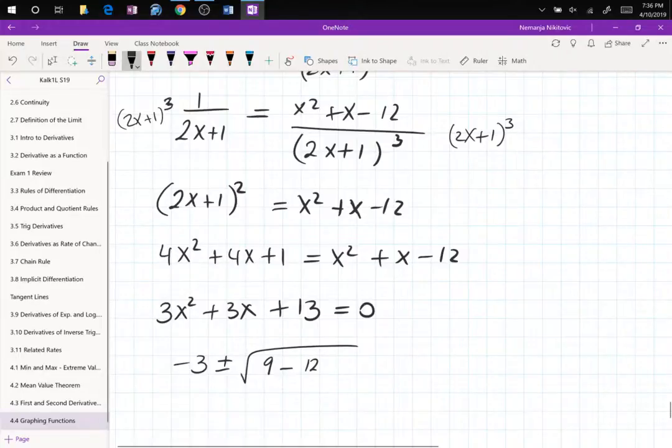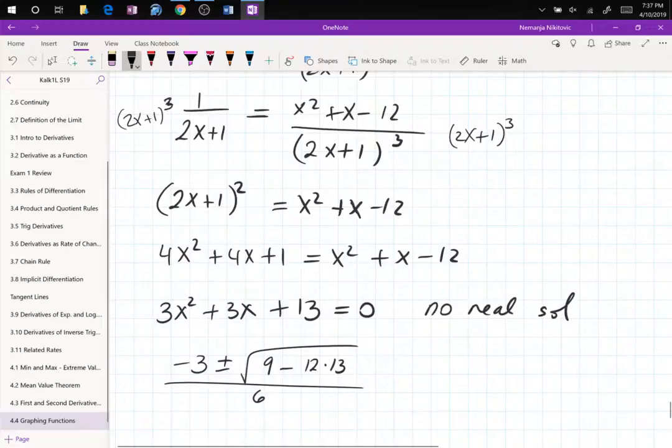So no real solution. 12 times 13 is much bigger than 9. It creates a negative number under the square root that will produce complex, imaginary values. So answers are not real. Therefore, we don't have any inflection points.